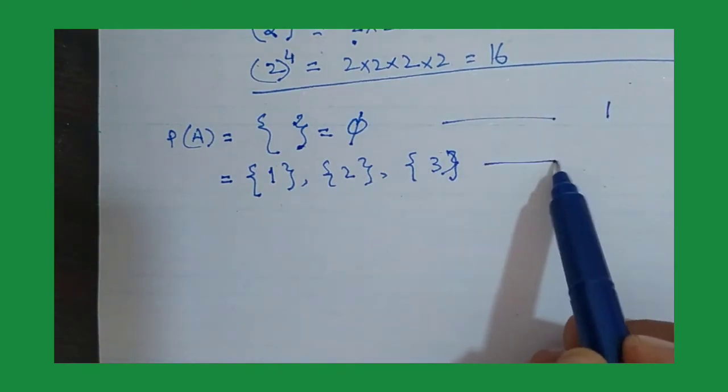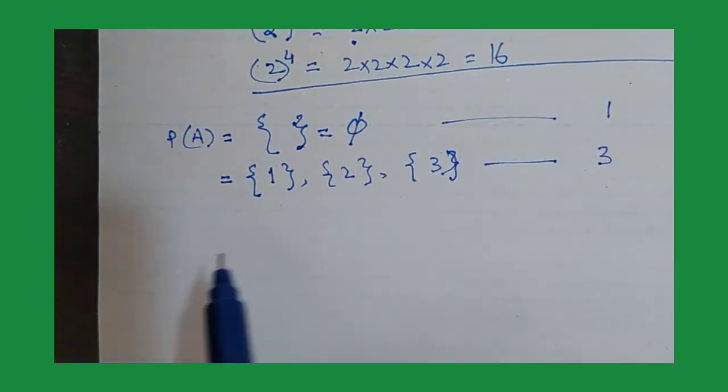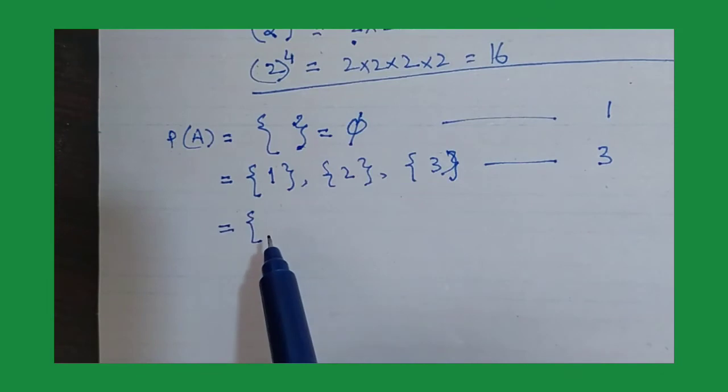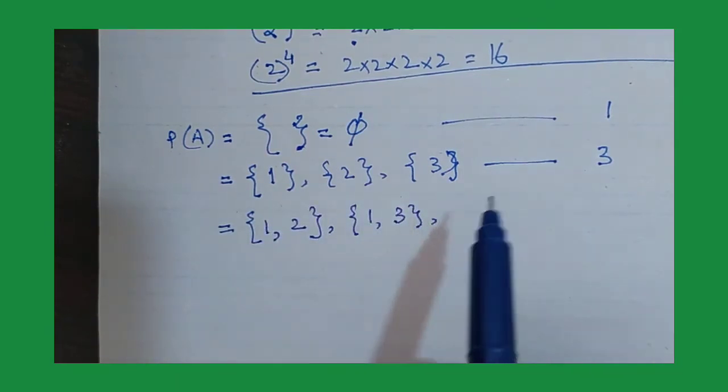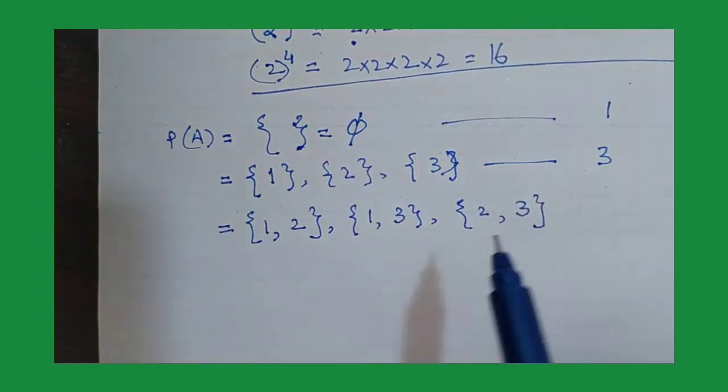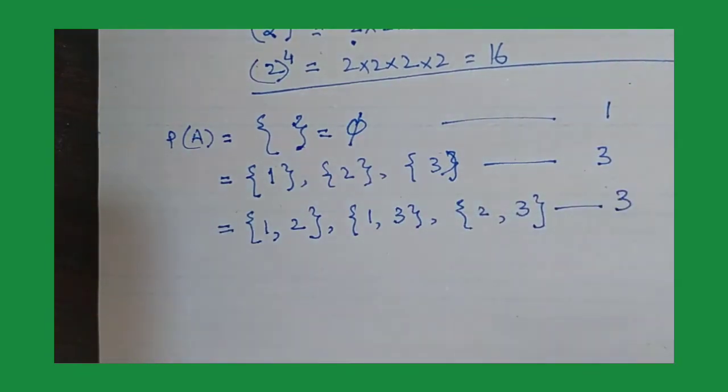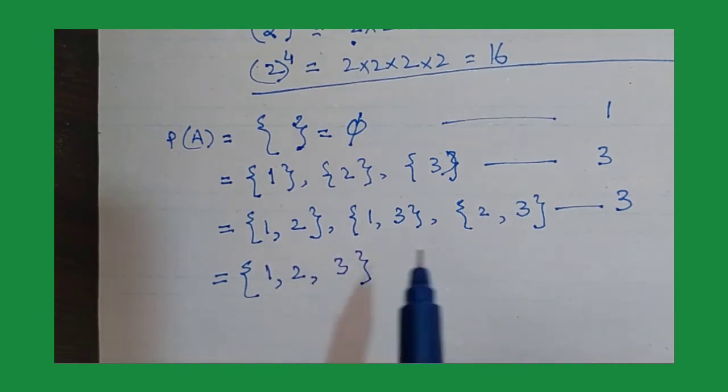Now we make sets having 2 elements: {1, 2}, {1, 3}, {2, 3}. Here also 3. Now an improper subset, not a proper subset, that is the same set {1, 2, 3}, is also a subset.